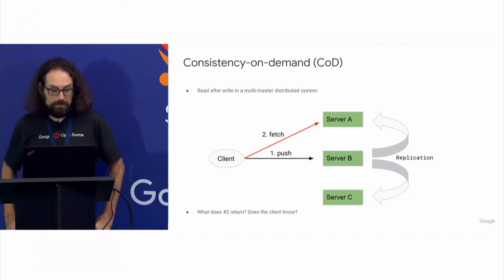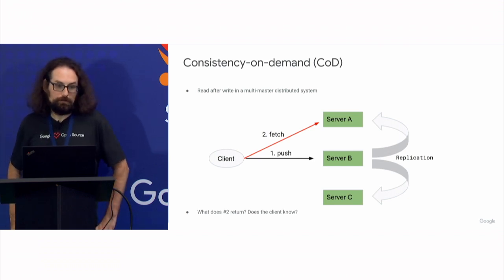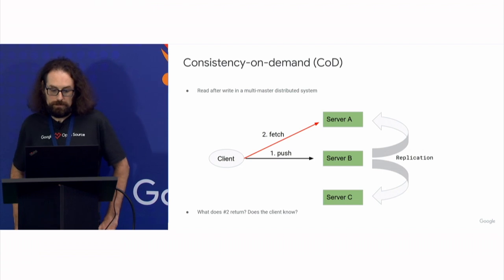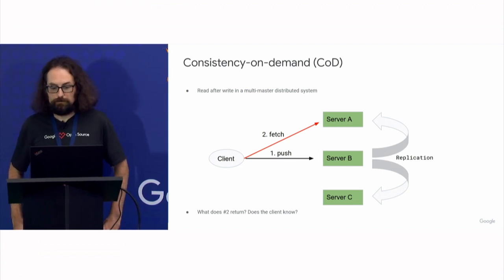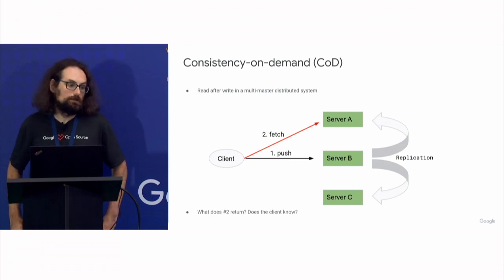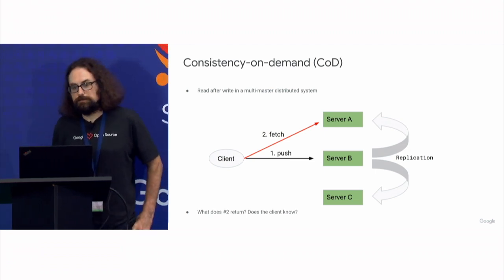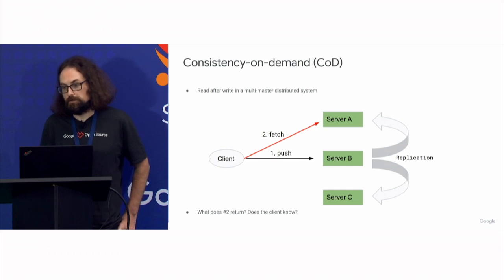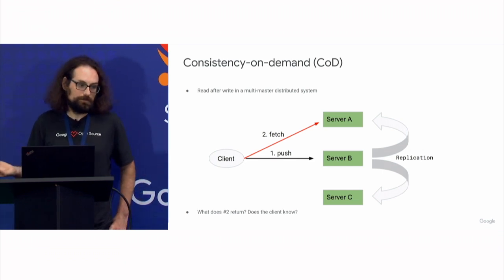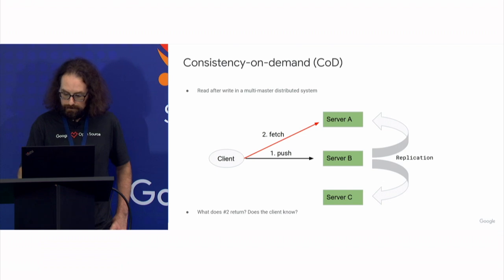If the replication finished, then it will be a consistent view. It will receive what was just pushed. But if the server is still waiting for the replication, then that data is stale. And even worse, the client doesn't know if the data is stale or not. It did a fetch, received the best of the server, and that's it.